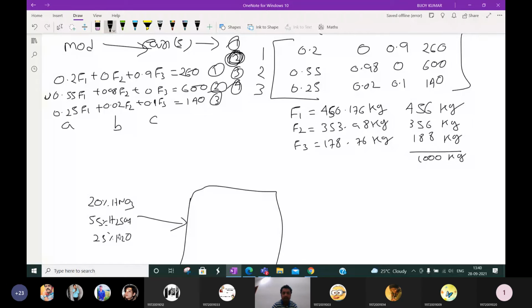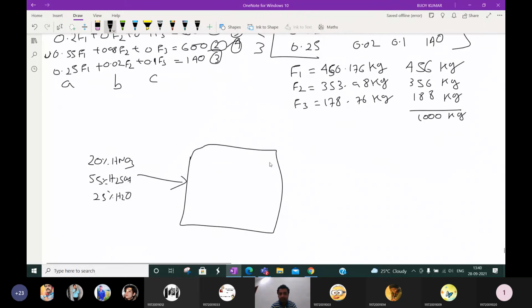Suppose this acid is there, so we have to convert it to 26% HNO3, 60% H2SO4 and 14% H2O. Suppose F1 is 456 kg. We have to make it to 1000 kg.